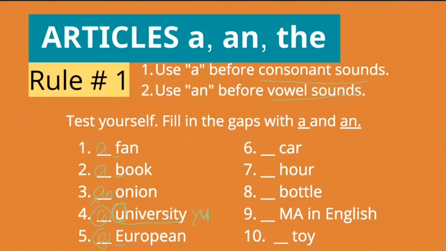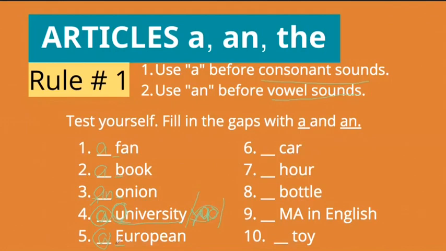It's not oo-niversity. Therefore, the correct article to put is a university, not an university, because the sound of the first letter is actually consonant.